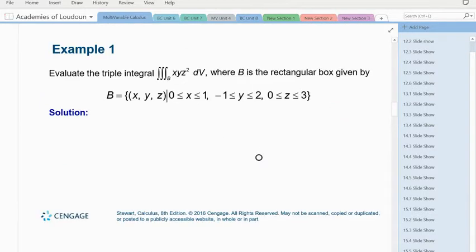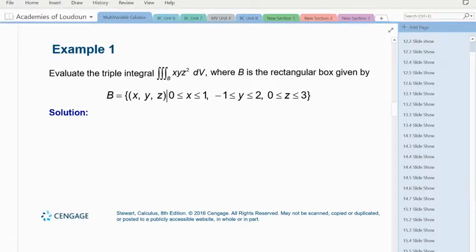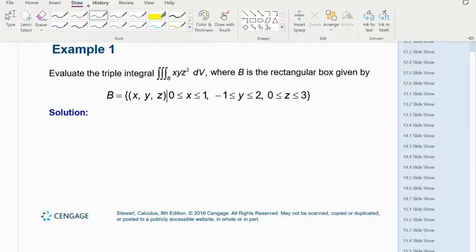So let's go ahead and take a look at example 1, and we have the triple integral of x y z squared over the rectangular box B, where B is defined as x from 0 to 1, y from -1 to 2, and z from 0 to 3. We could use any of the 6 possible orders of integration.